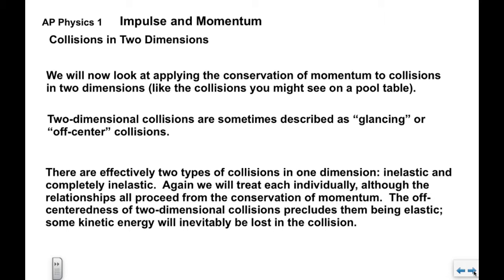Again, we're going to treat each individually, although the relationships all proceed from conservation of momentum. The off-centeredness of two-dimensional collisions will preclude them being elastic. What we'll find is that kinetic energy will be lost in the collision.